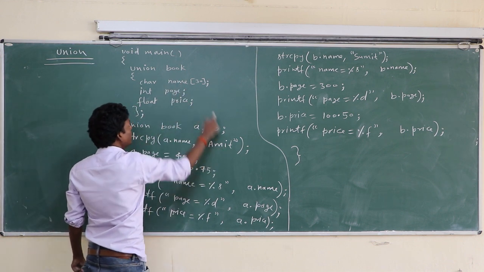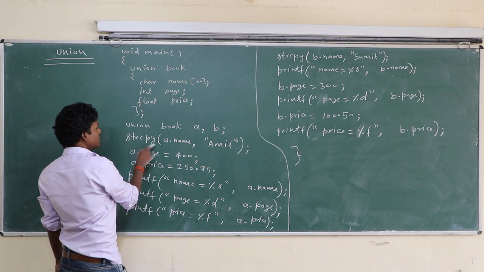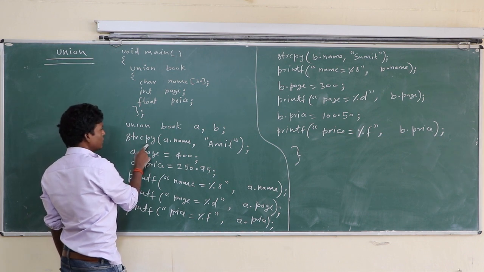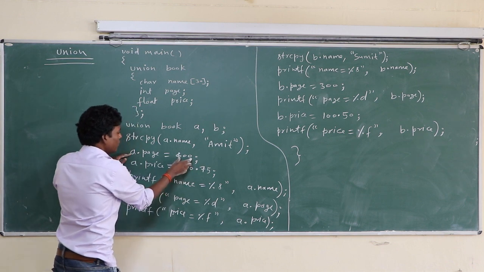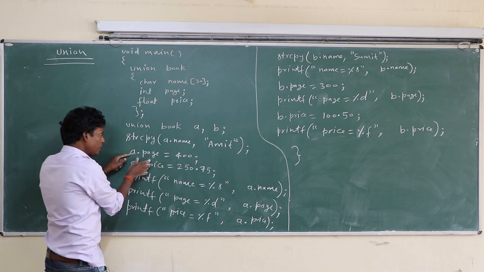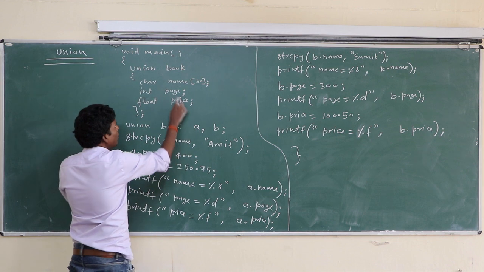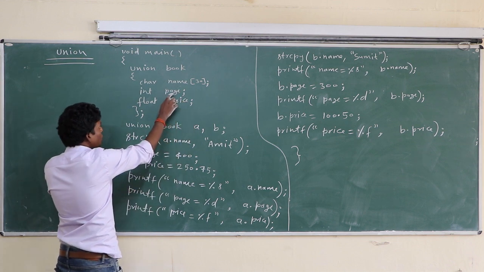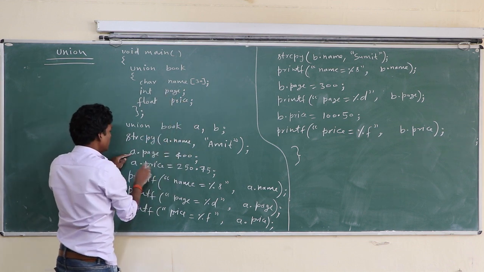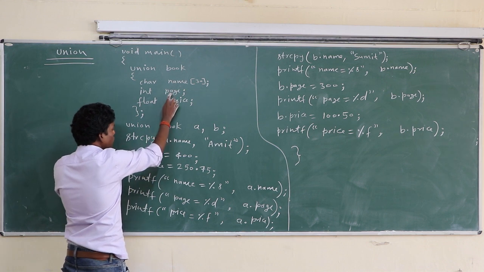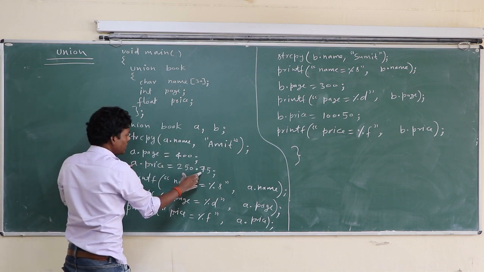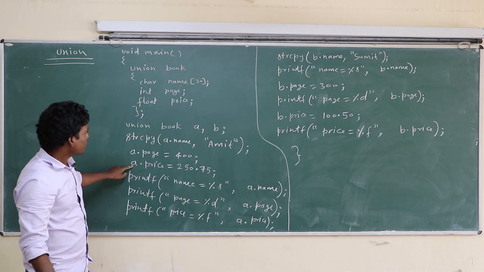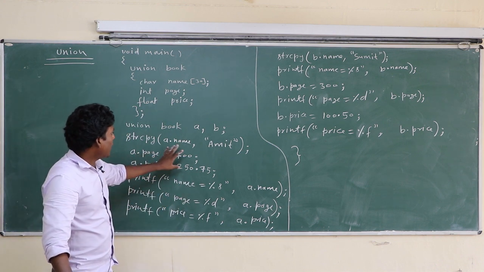So Amit is copied in this by the strcpy function. A dot page has value 400. 400 is assigned to a dot page. A is a variable and page is a union member, union element. A dot price is assigned this. So the values are filled in variable A.